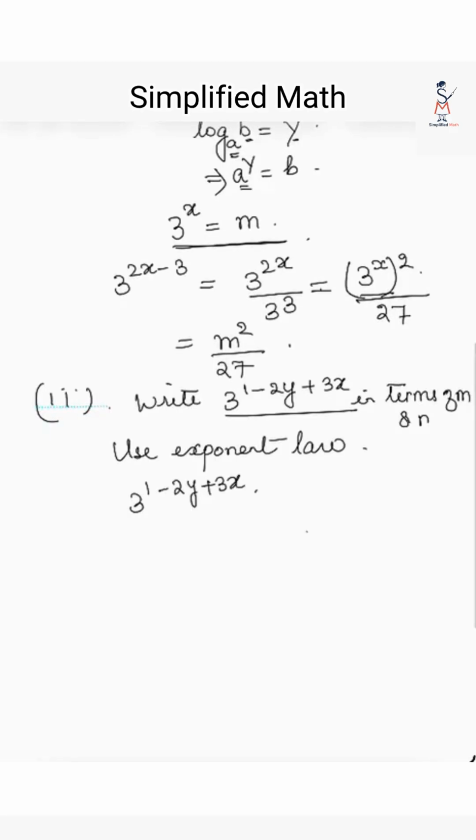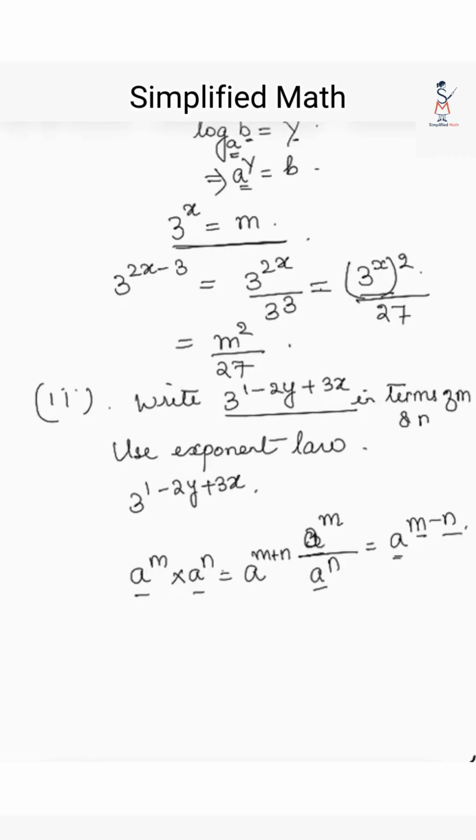Now what is the rule? Suppose a raised to the power m divided by a raised to the power n is a raised to the power m minus n. When the bases are same, we write the base once and we subtract the powers. Now if the bases are same and the numbers are multiplied, we write the base once and we add the powers.